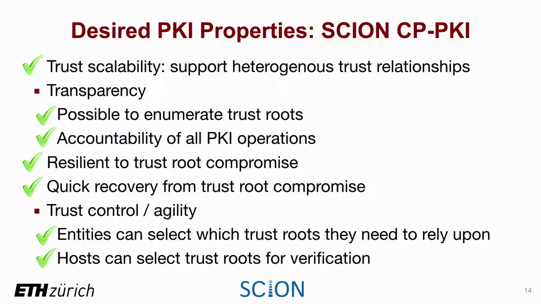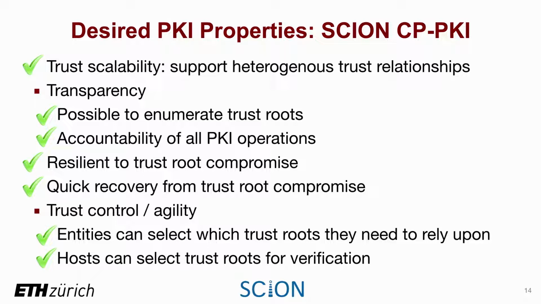We also have resilience to trust root compromise because we can quickly update the TRC and quickly push this TRC through the network and thus achieve quick recovery from compromised trust roots. The TRC file itself needs to be signed by multiple core ASs to be updated.